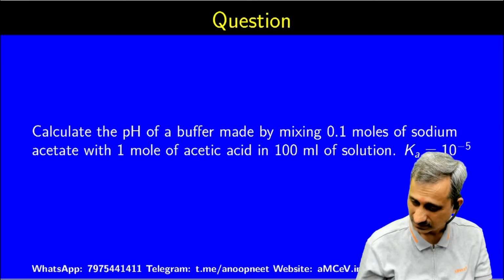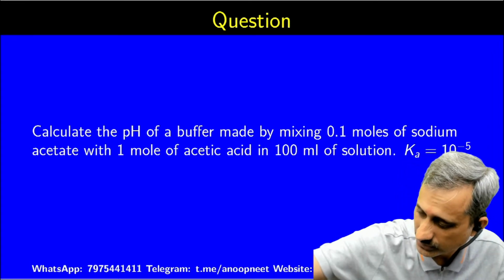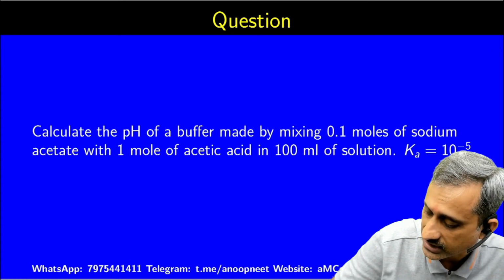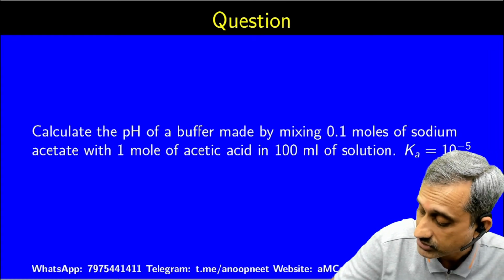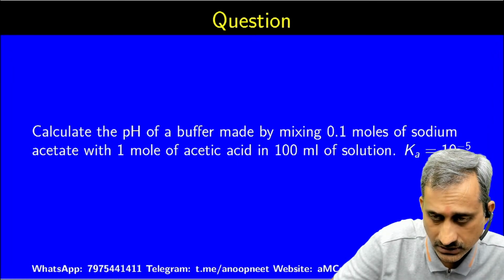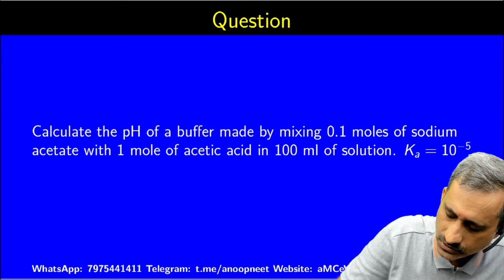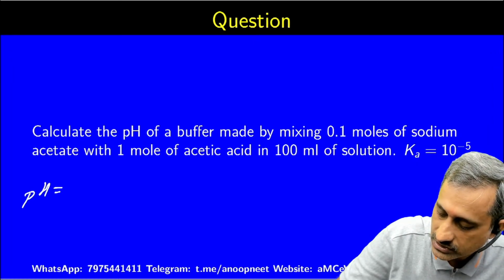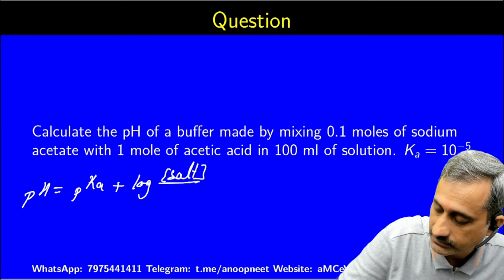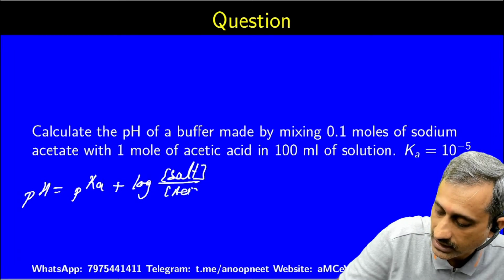10.04. Okay. Buffer made by mixing 0.1 moles of sodium acetate with 1 mole of acetic acid in 100 milliliter of the solution. First of all, 100 milliliter of solution doesn't make a difference. It's going to get cancelled out. So we have pH is equal to pKa plus log of the concentration of salt divided by the concentration of the acid.